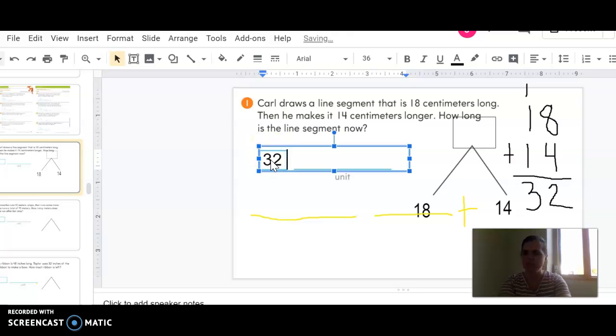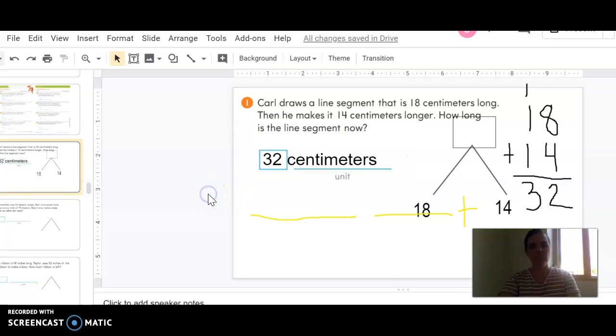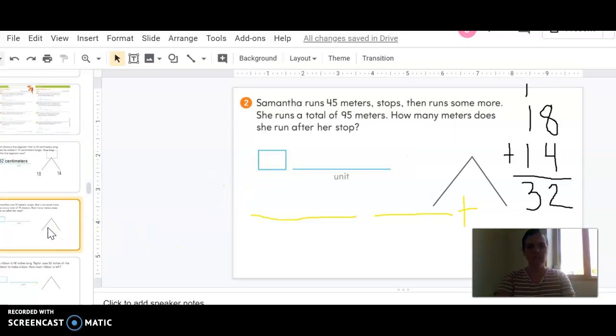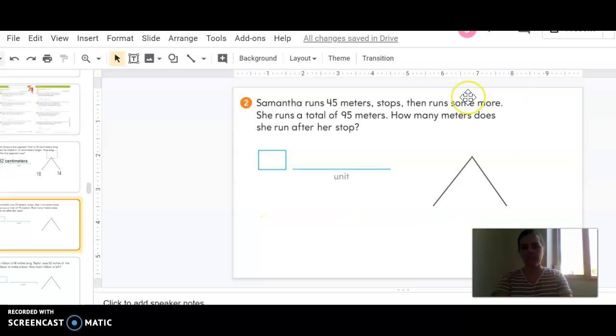And what's our label? If we forget, we go back and reread. How long is the line segment now? That didn't tell us what our label would be. So Carl draws a line segment that is 18 centimeters long. Then he makes it 14 centimeters longer. So what's our label? Centimeters. Yep, 32 centimeters.